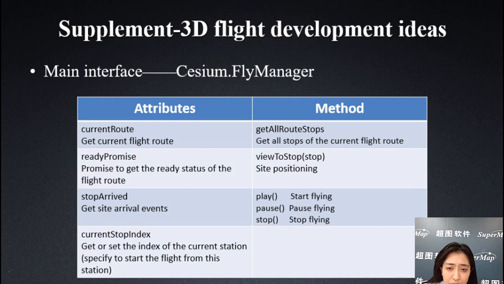And then let's look at how to realize this exercise. The interface that we will use is the fly manager. Use system.flyManager, and under this there is a current route to get the current fly route.